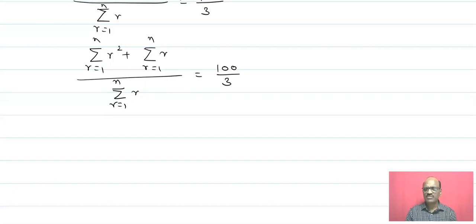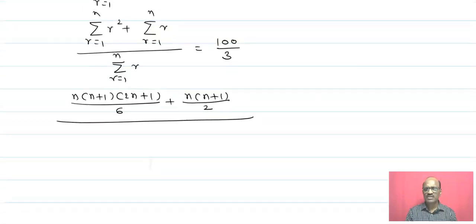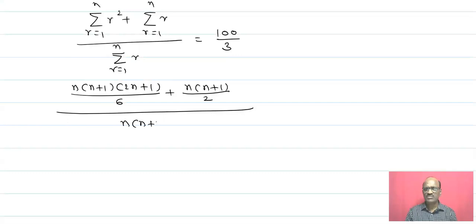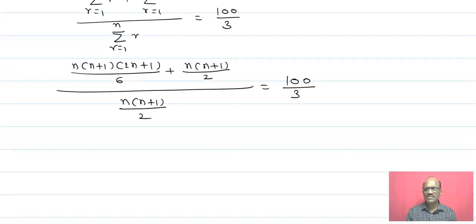Now substitute the values: n into n plus 1 in bracket 2n plus 1 upon 6 plus n into n plus 1 upon 2, upon summation of r, that is n into n plus 1 upon 2, is equal to 100 upon 3. Now the simplification.